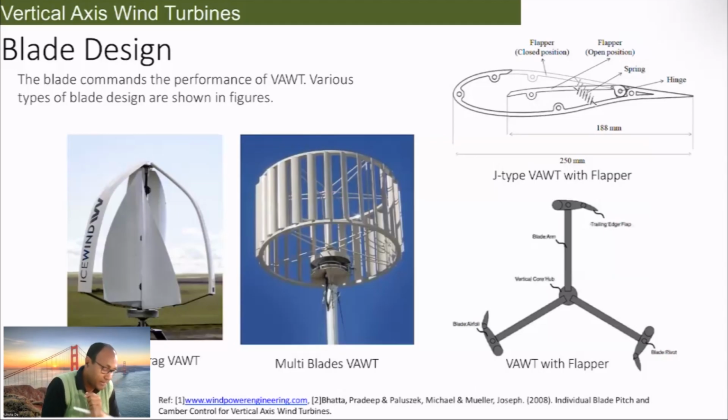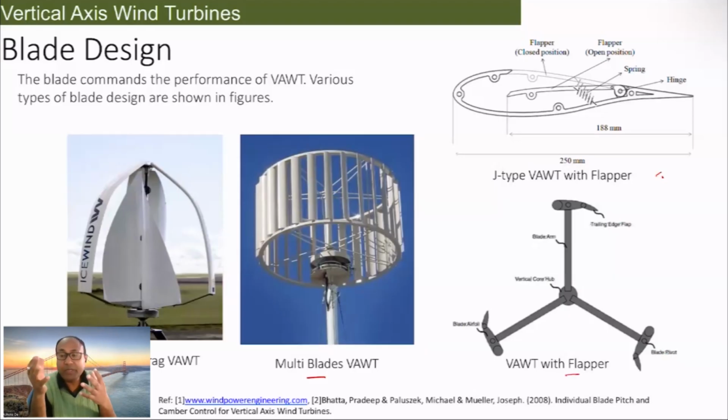This is a lift and drag based vertical axis wind turbine. You have the multi-blade vertical axis wind turbine. Then you could see the J-type vertical axis wind turbine here. This is a vertical axis wind turbine with a kind of flapper.